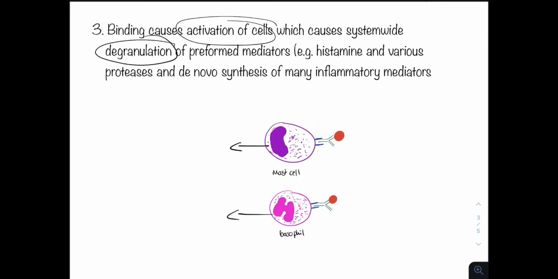So they degranulate. Now when these cells degranulate, part of their components are the preformed mediators, such as histamine, very important, and various proteases. Activation also results in de novo synthesis of many inflammatory mediators.